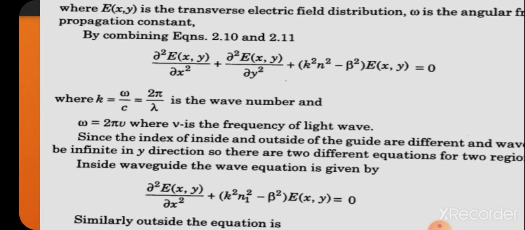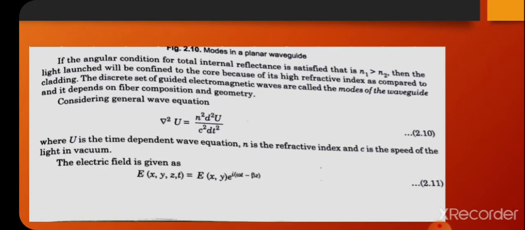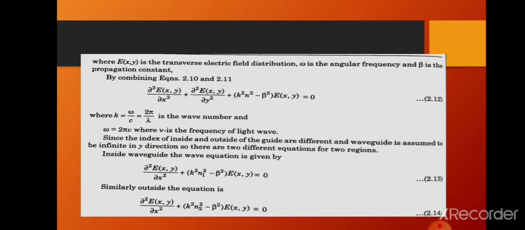Actually there is no direct relationship between these two equations, but in order to combine them we have to express different quantities u in terms of v. It is a lengthy procedure, so it is not explained here. So the general wave equation can be combined with the electric field equation, and we get this final equation.